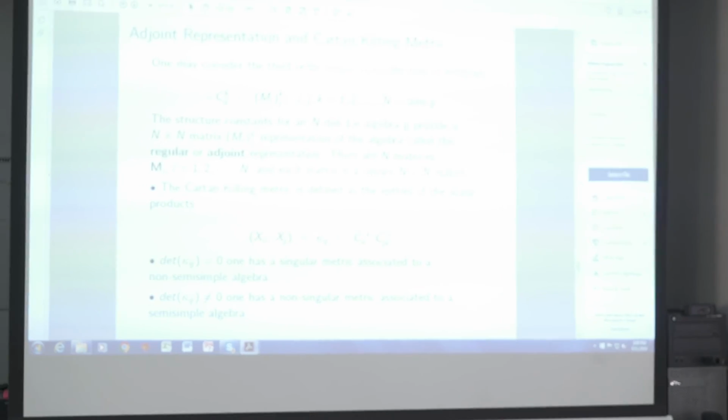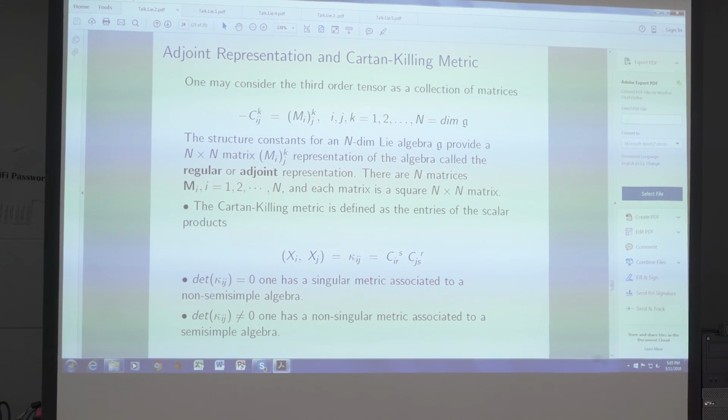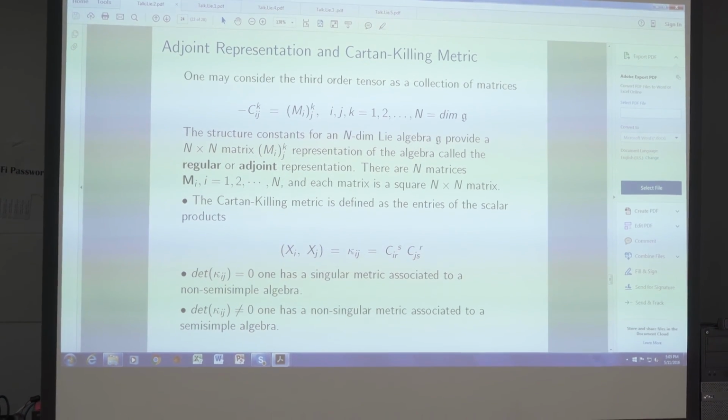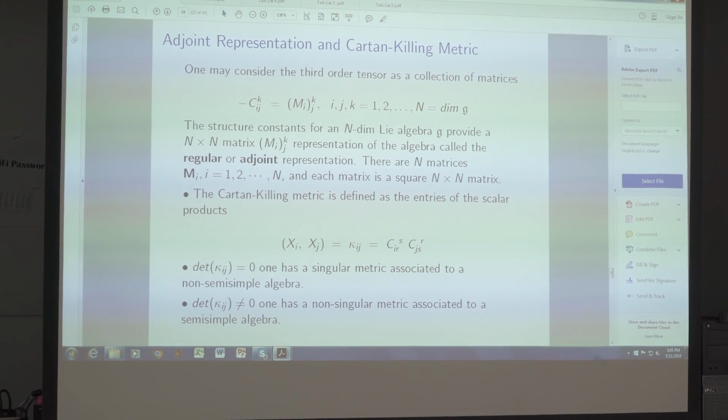Remember, you are right, you can represent rotations in terms of 4 by 4 matrices, but here you're using the adjoint representation, which is not the same as the fundamental representation. You have to be very careful. In this case, I'm going to have a 6 by 6 matrix. Be very careful not to confuse the fundamental representation with the adjoint representation, okay?